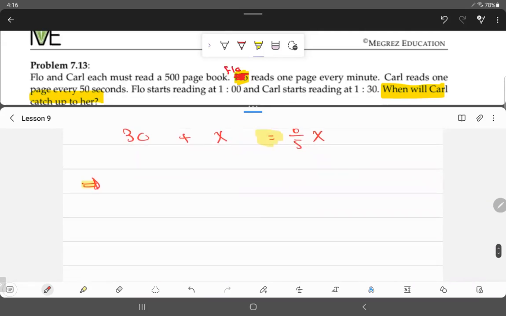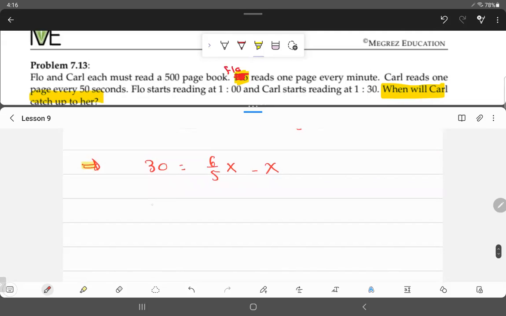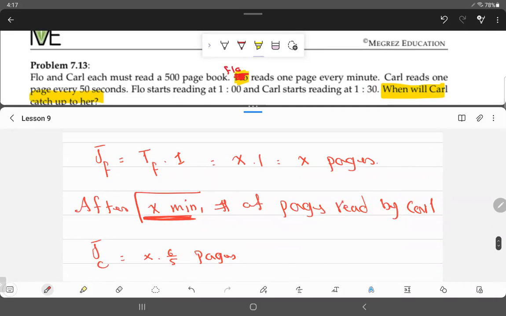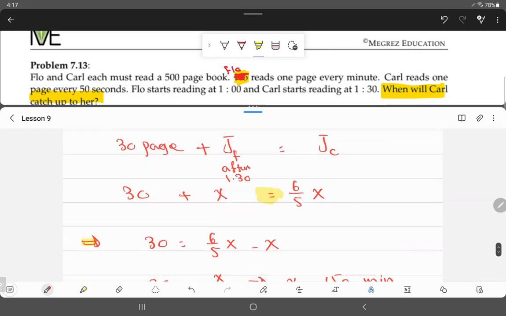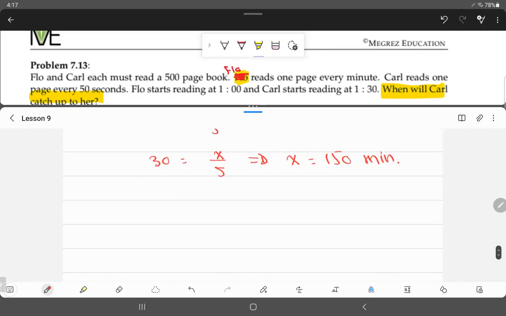So 30 equals, X is 150 minutes, because we assume that X is the number of minutes. So after 150 minutes, which is 2:30, 2 hours 30 minutes.